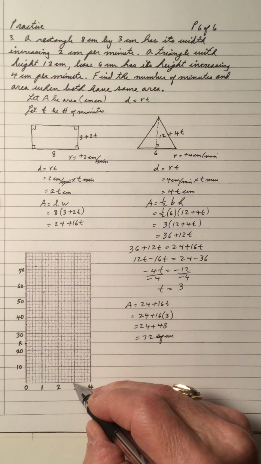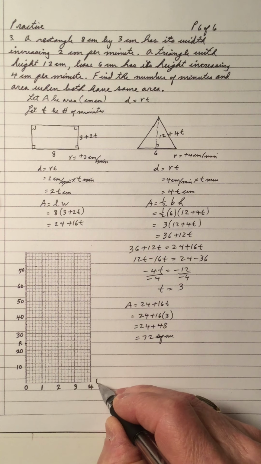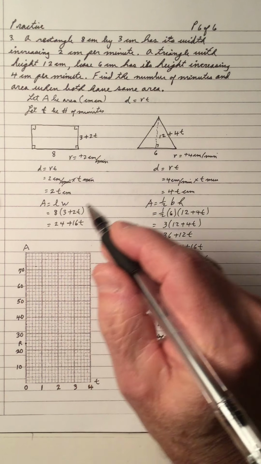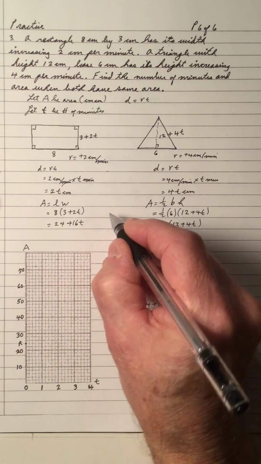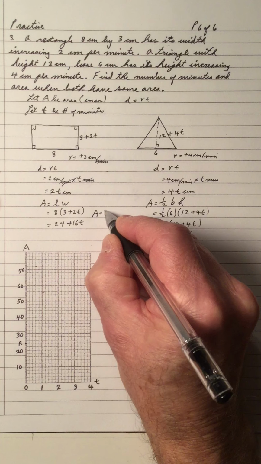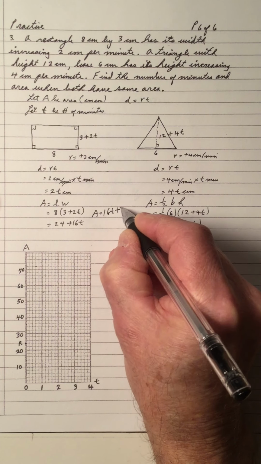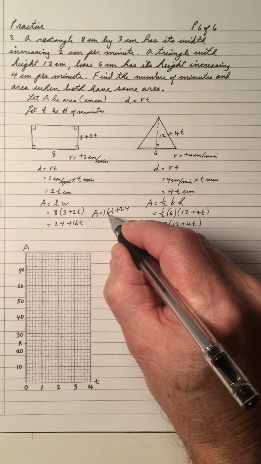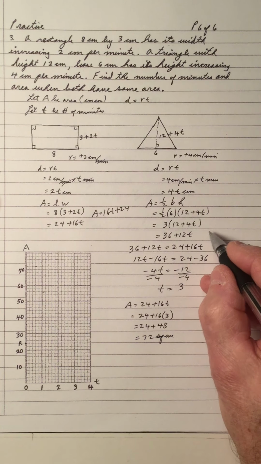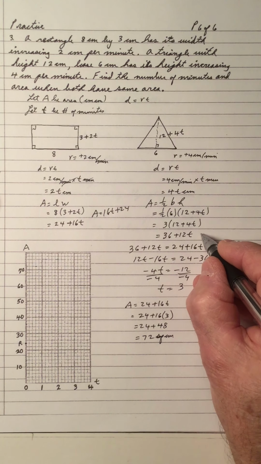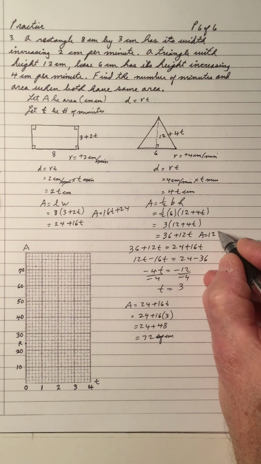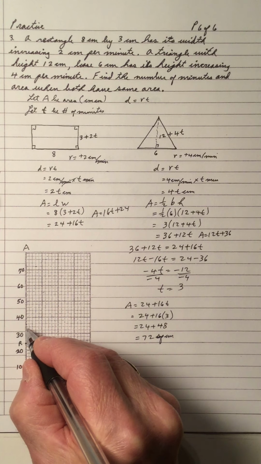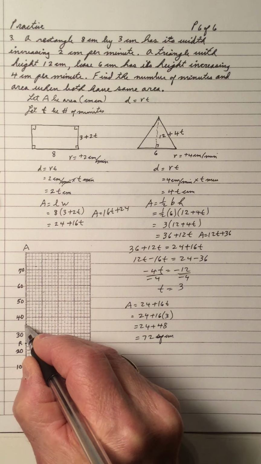This is time, and this is area. That's the x and that's the y. Notice this area formula can be written as 16t plus 24. So 24 is what it's starting off at, and the slope is 16. And the formula for the triangle area is 12t plus 36. So the triangle is starting off at 36.